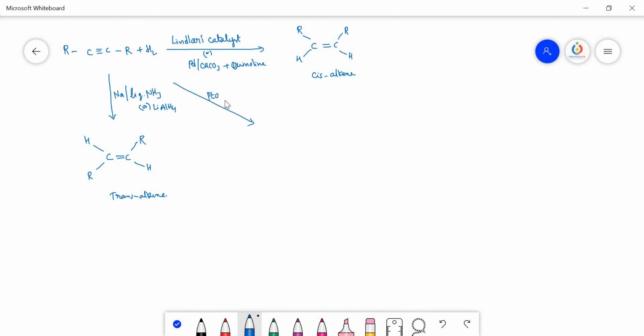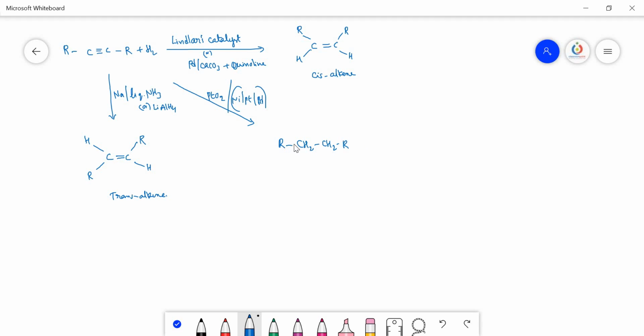Okay, and the same molecule, if you think this is a higher alkyne, and it is subjected to platinum oxide or else simply nickel, platinum or palladium plus H2 in combination with hydrogen. Anyhow, hydrogen is there, no? So that hydrogen separately is not necessary to write down here. So you get directly the alkane molecule, meaning R CH2 CH2 R. If you take R dash here, it will become R dash.